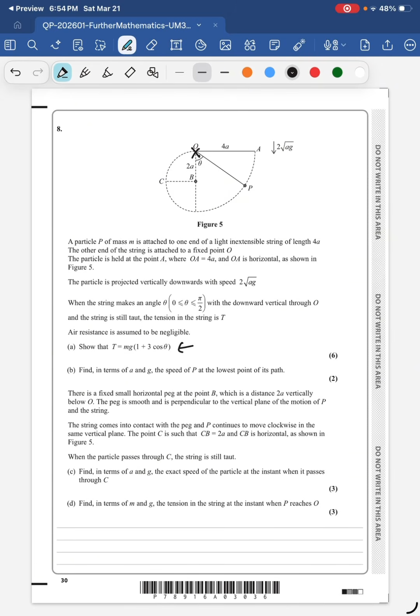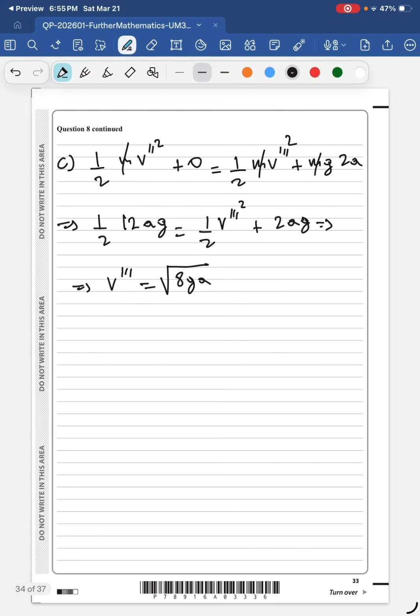Now the speed when it comes back there is the same as before. It's the same as the speed it started with. The particle is going to be up there, therefore tension is going to be downwards and the weight is going to be downwards. So let's calculate. T plus mg is going to be equal to mv squared over r, with the velocity it had when it started because of conservation of energy.